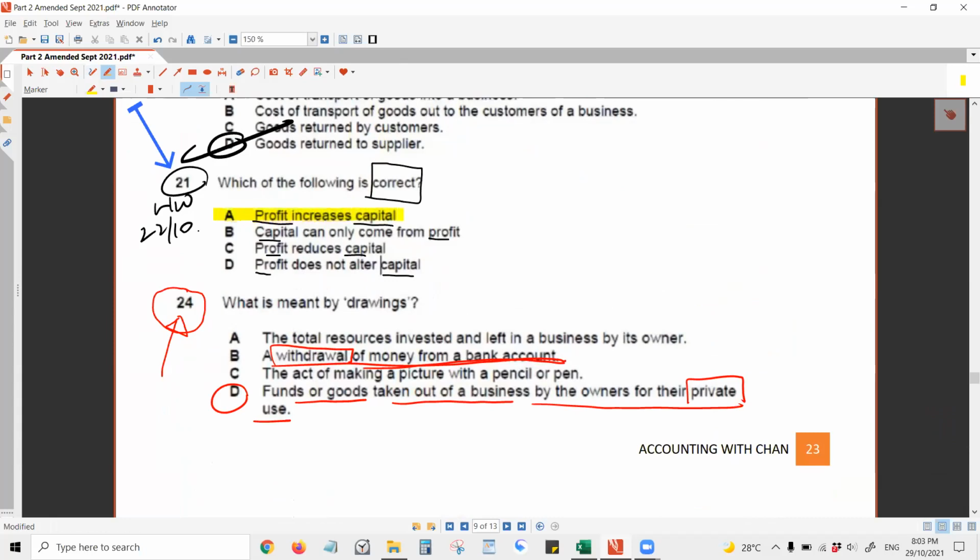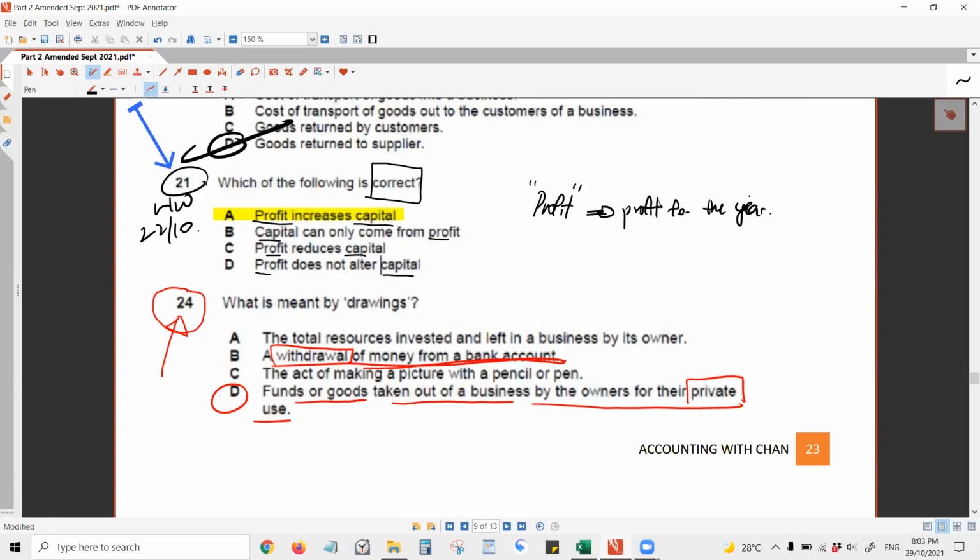Agree? Profit increases capital. And if you're wondering whether the single word profit means profit for the year or not, yes, it's the same thing. Wherever you see the single word profit, it must be referring to profit for the year. If you have been through this subject enough, you will understand this.